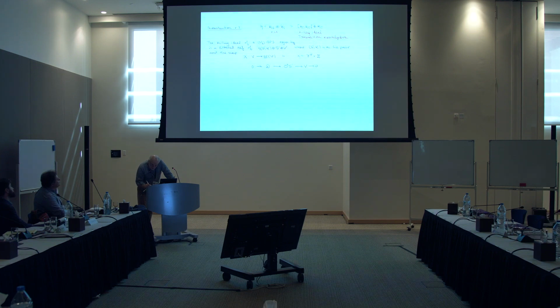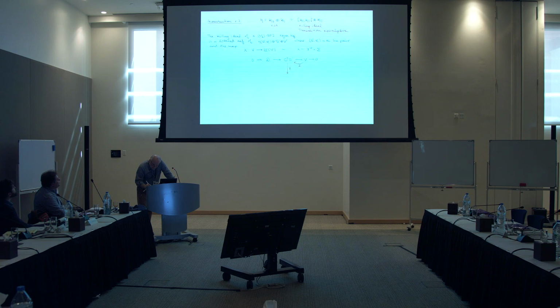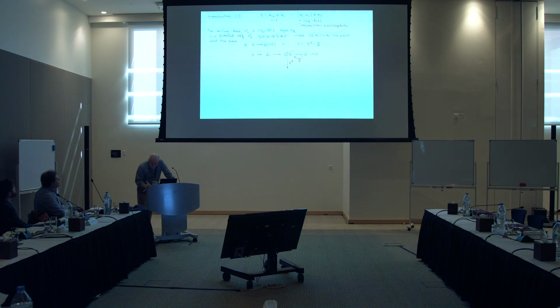You choose any vector space section here, sigma, and you compose that with the restriction of gamma_φ to that, going into so(V), and this map is X.